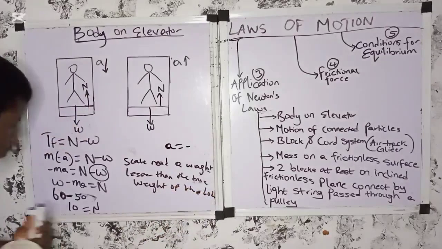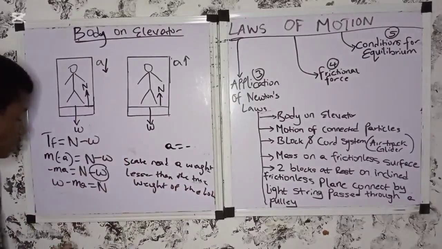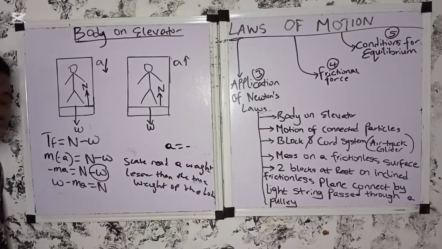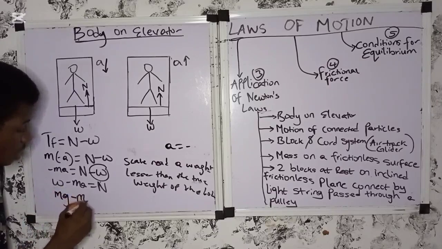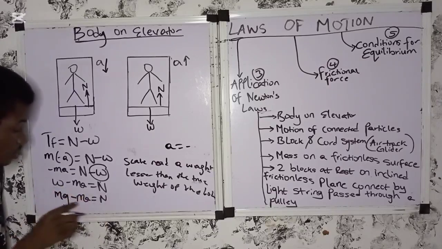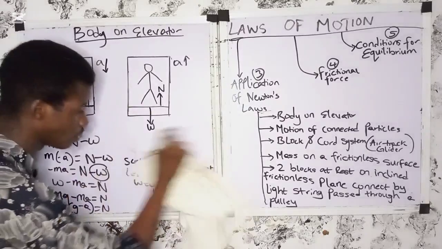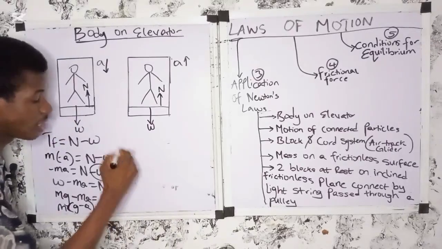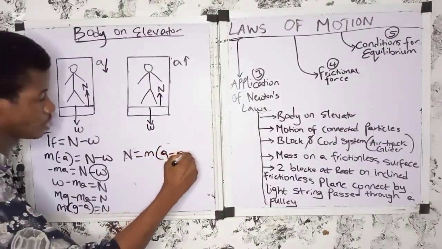Okay, so let's continue, because there is usually calculation in this aspect. Normally, what is weight? The formula for weight is mg, then minus ma is equal to N. Since mass is common on both sides, we bring out m: m(g minus a) equals N. So N is equal to m(g minus a).